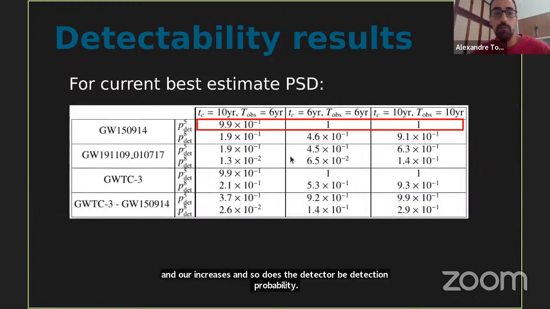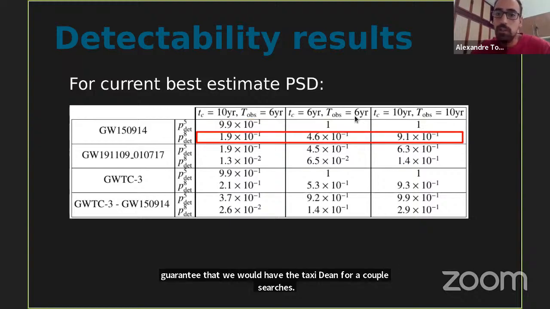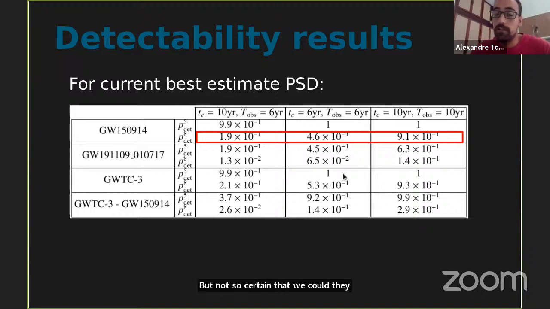Being now a bit more quantitative, I'm showing this detection probability for a few systems. First, if we look at the first gravitational wave event, you can see that it's very likely, essentially guaranteed, that we would have detected it through archival searches, but not so certain that we'd be able to detect it directly with LISA, in particular if we were to observe it far from merger.